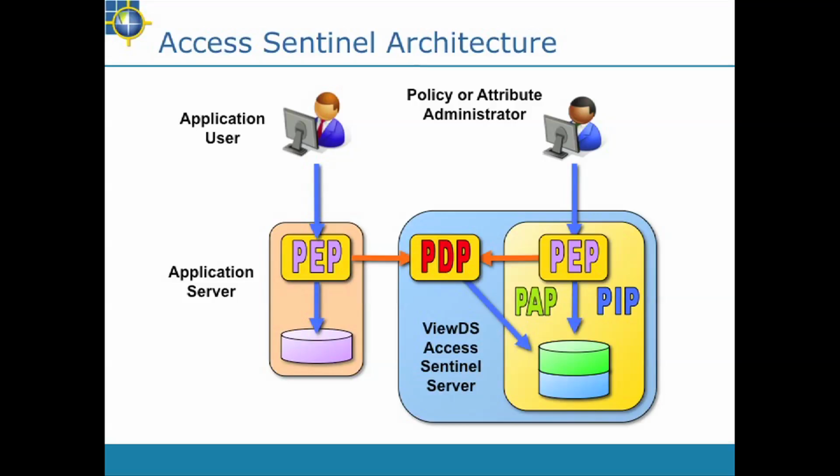But most important, we can now, with this architecture, fully realise the goal of unified authorization policy that applies to everything within the organisation, including the authorization system itself. And that's because the PDP in the VueDS Access Sentinel server is the same PDP that's used by the PEPs in the application servers, and it's the same PDP that's used by the PEP that controls access by the policy and attribute administrators accessing the content within the VueDS Access Sentinel server.